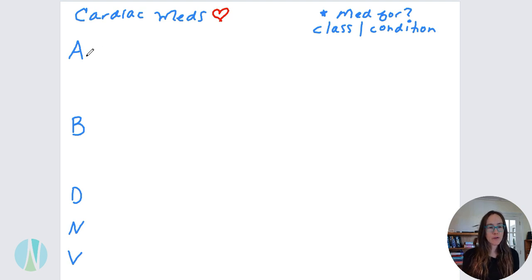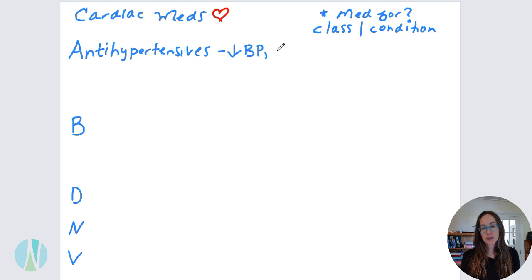So A would be your antihypertensives. Well, what are antihypertensives for? What is that med for? Well, it's what it says in the wording. So it decreases the blood pressure, and a lot of them decrease the heart rate also.